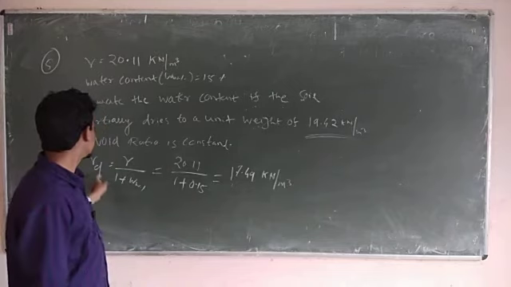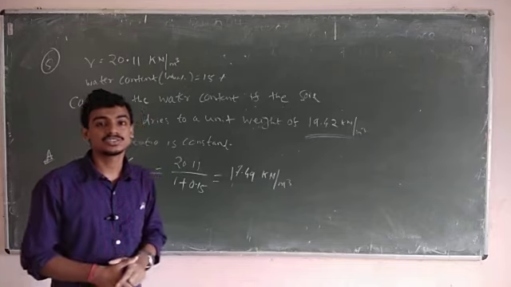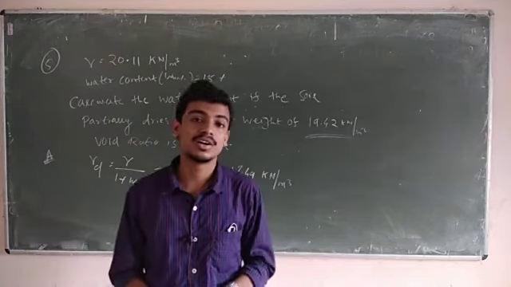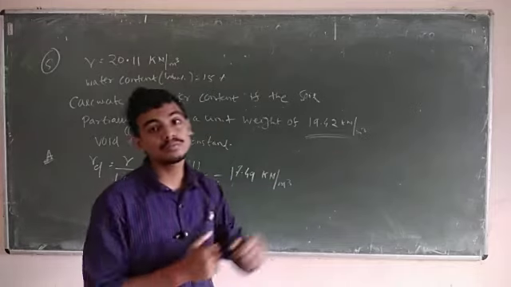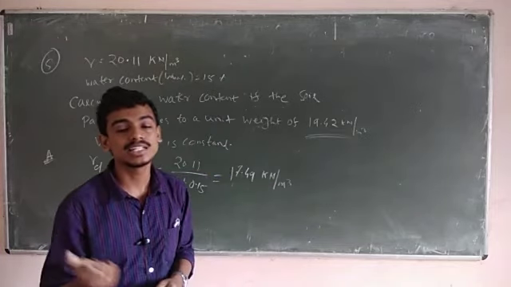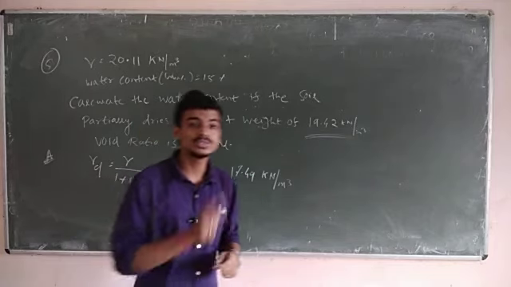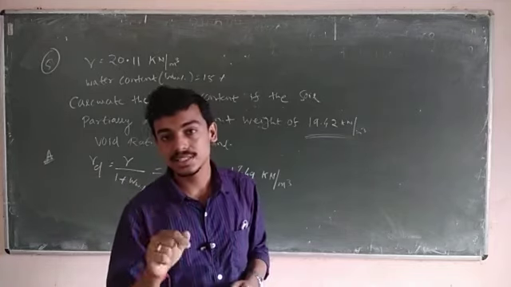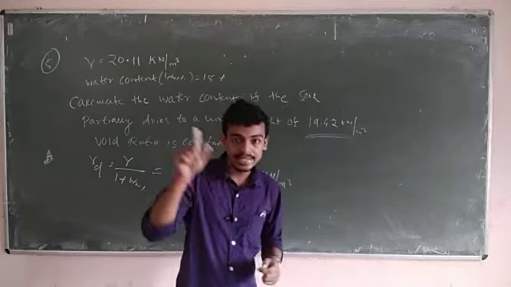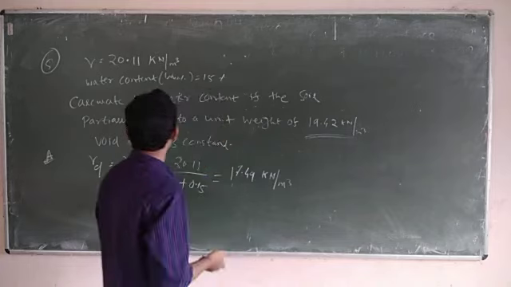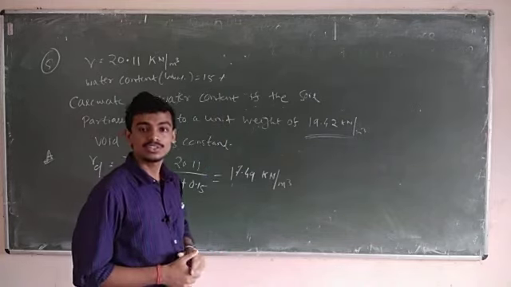So gamma D will also remain constant, because gamma D is related to our void ratio. In the previous problem, I already told you gamma D is inversely proportional to void ratio, because gamma D is equal to G gamma W by 1 plus e. So gamma D will remain constant.